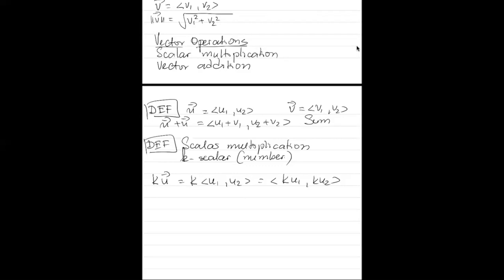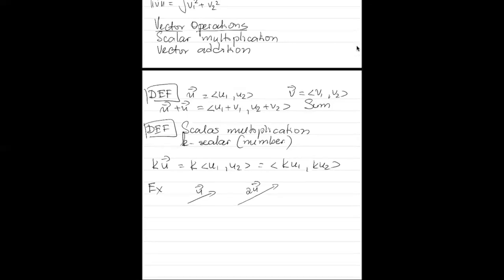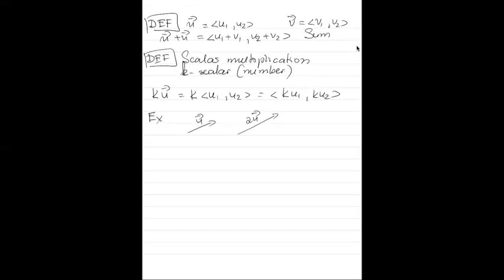So we simply multiply each component of the vector by k. For example, if I have a vector u right here, then the vector 2u will have the same direction, but be twice as big. So that's what it means to multiply by a number. If the number is positive, we keep the same direction and it changes the length of the vector. And if the number is negative, what is the meaning of the vector negative v, for example?